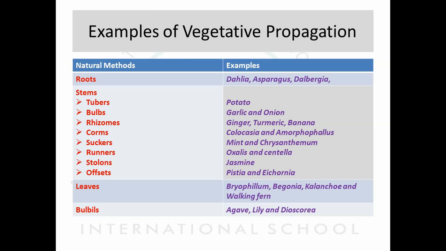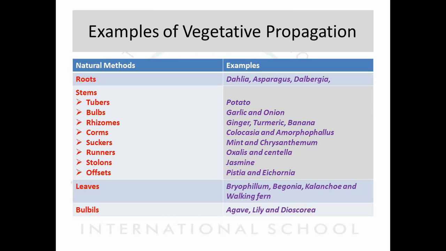Pistia and eichhornia are aquatic plants. They float on the water surface, and with the help of offsets they float. The offsets developed in these plants are of the stem. These are different vegetative propagules developed in different plant bodies or species.